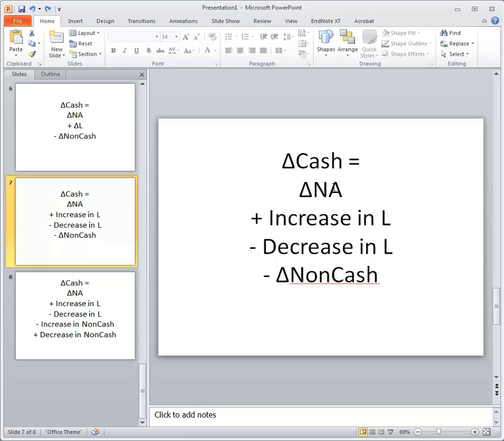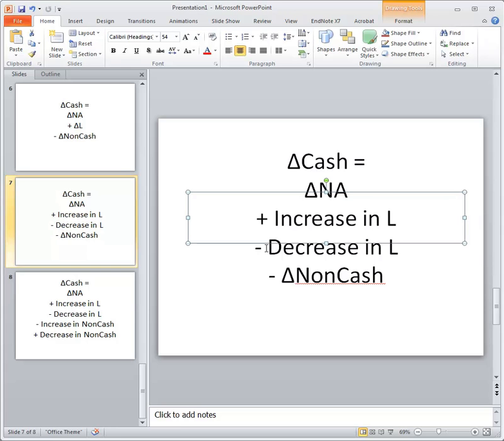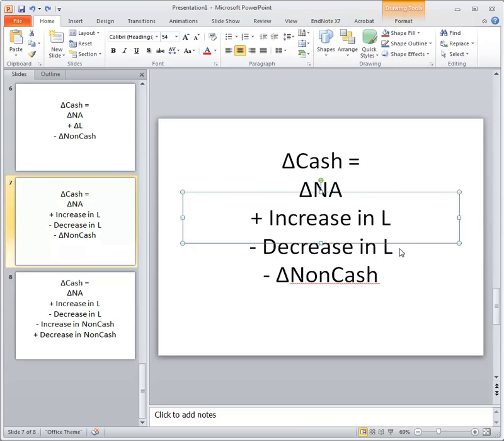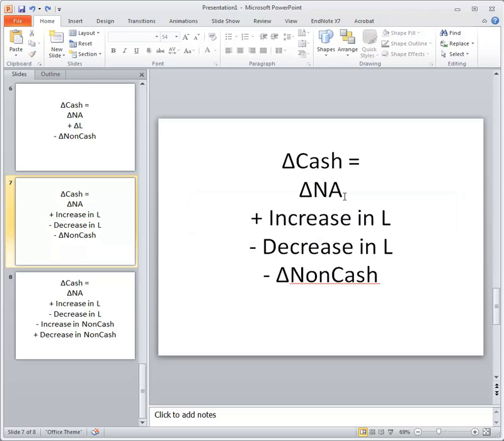So if we take the change in net asset value and add positive increases to liability accounts and subtract a decrease to a liability account, then that will help us pull out the information, or adjust the information that we had from the net asset, to get closer to the cash.